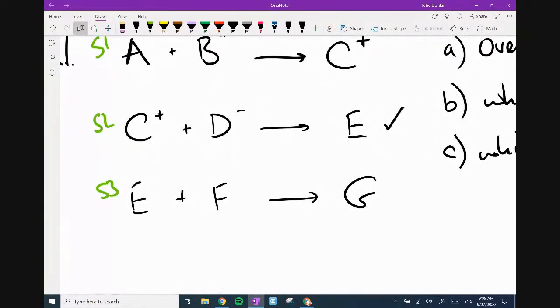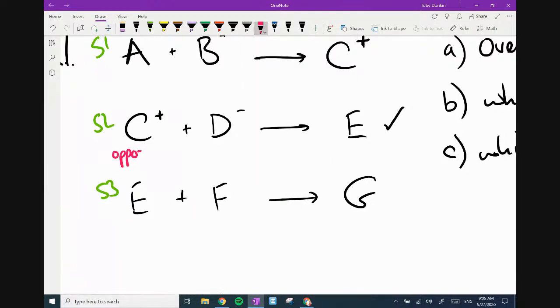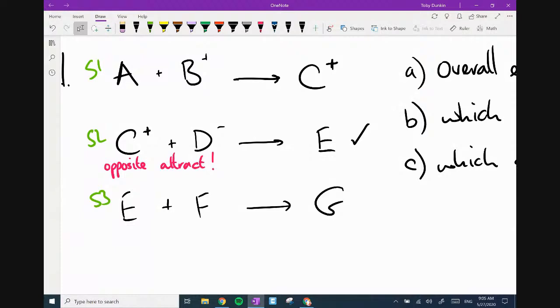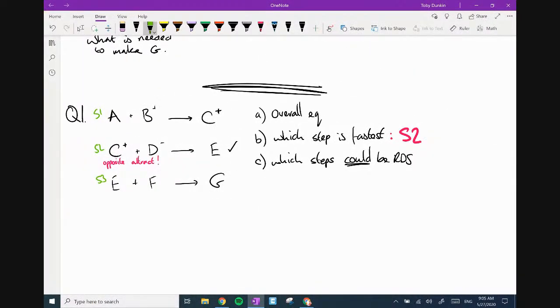Now, the reason why Dat knows that is because opposite charges attract. We know this. Oh, just going to shrink my pen. Opposites attract, so that's going to be a really, really fast step. Now, the other two are interesting. The answer to C is step 1 or 3, S1 or S3.